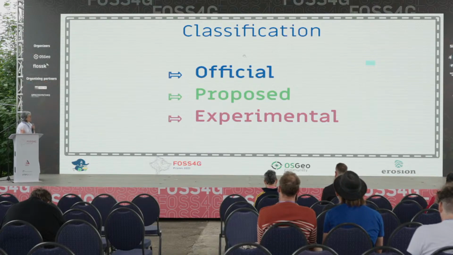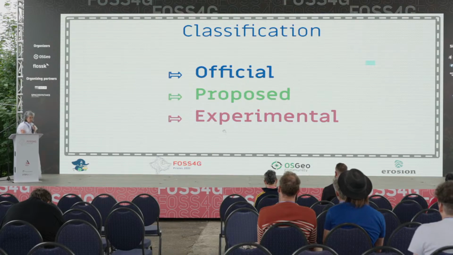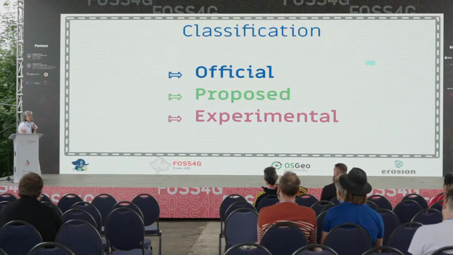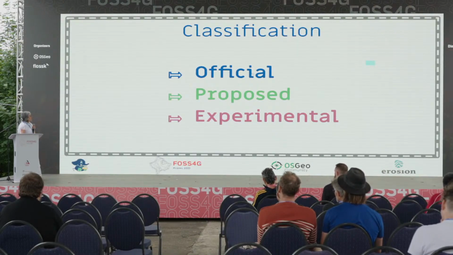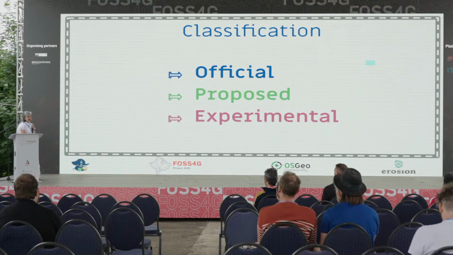So we have several classifications: official, proposed, and experimental functions. Official functions normally don't change. But in 3.5, pgr_dijkstra, which is our main function, the easiest one, the first one that people learn, the first one that we teach in the workshop, has already changed. Proposed functions are ready. We feel that they do not have bugs, and in the next major release, they might or might not become official.